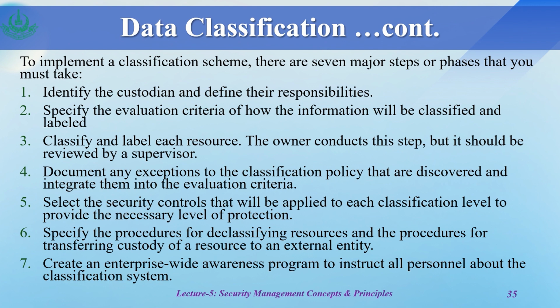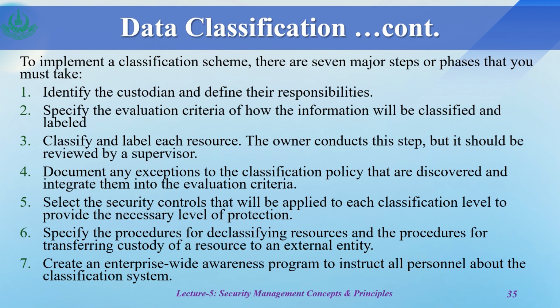To implement a classification scheme, there are 7 major steps or phases that you must take. First, identify the custodian and define their responsibility. Second is specify the evaluation criteria of how the information will be classified and labeled.